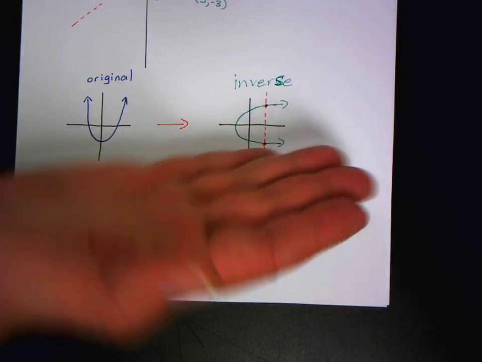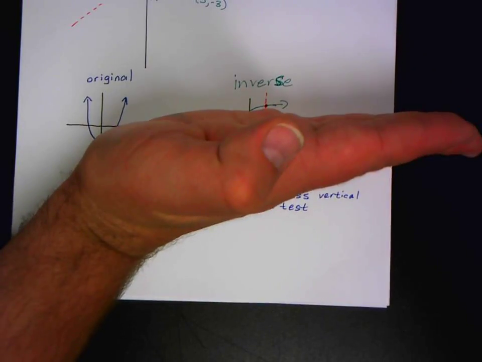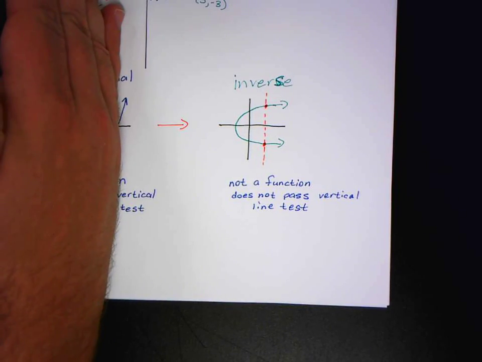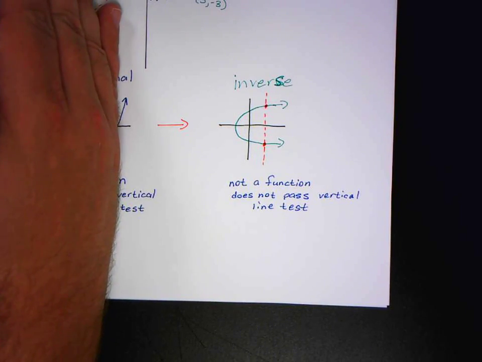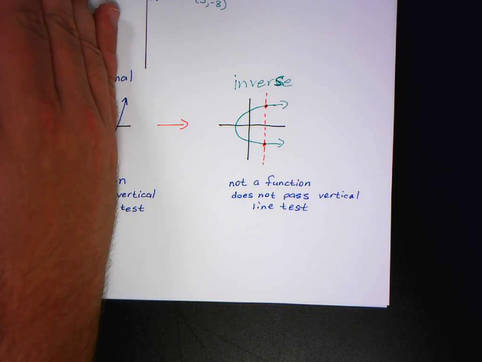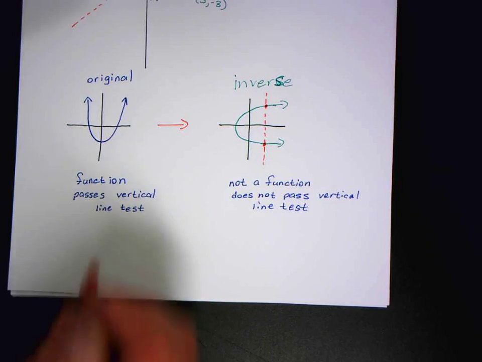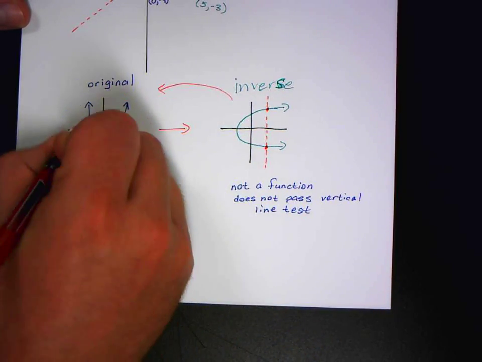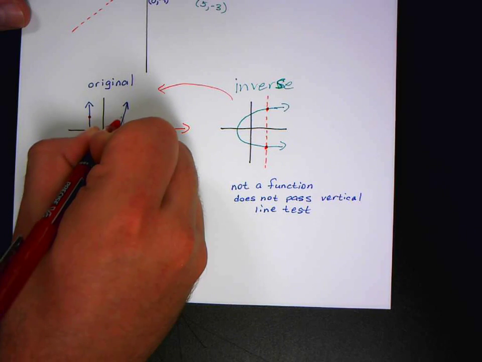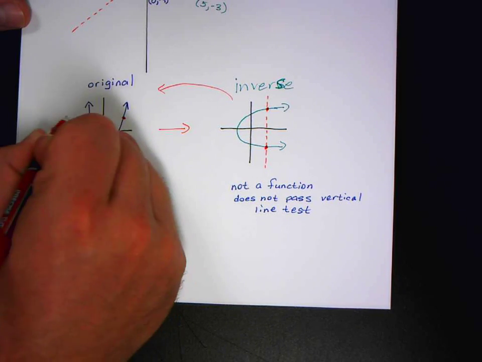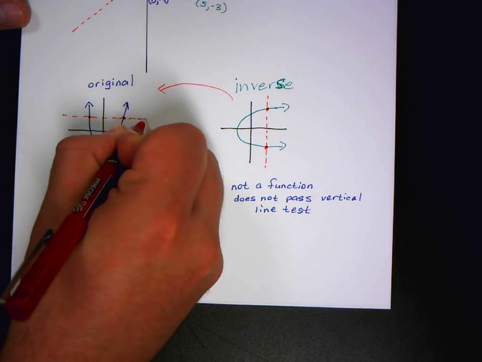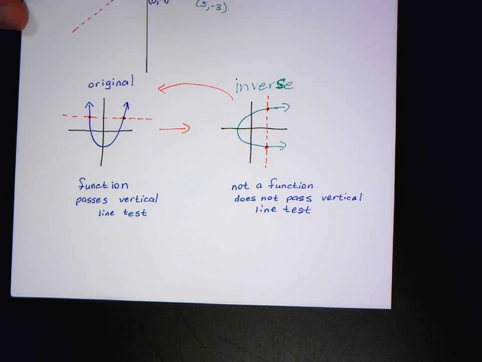So if I go backwards, this is tilted like this. If I go backwards, what is that vertical line in the original? A horizontal line. So in the original, that same line would be a horizontal line.